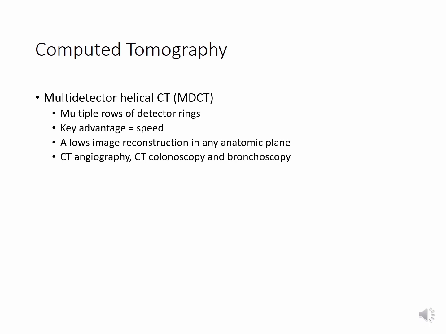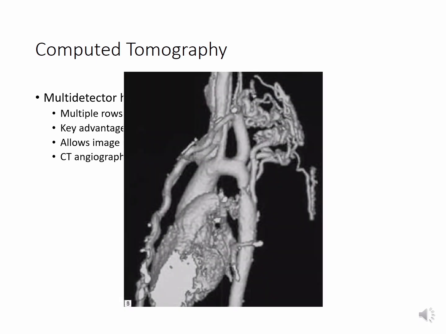It allows image reconstruction in any anatomic plane without loss of resolution. Broad area coverage allows for high detail CT angiography and virtual CT colonoscopy and bronchoscopy. So this is an example image of a CT angiography illustrating the three-dimensional shaded surface display of the aorta and its branches created from a series of axial plane multi-detector CT images obtained with contrast administration.